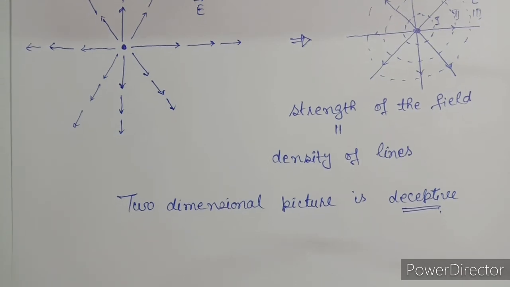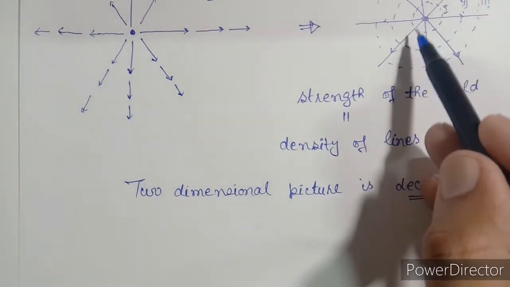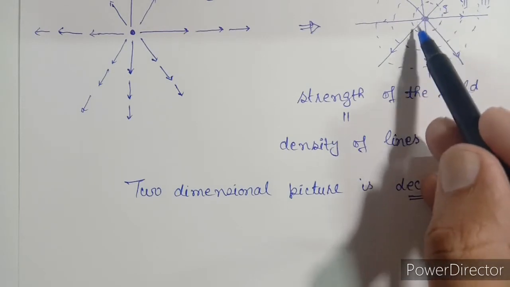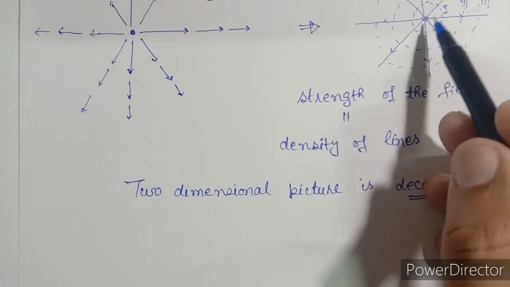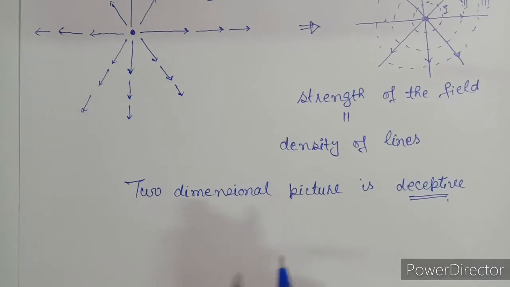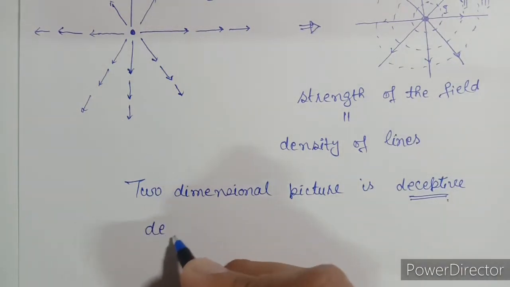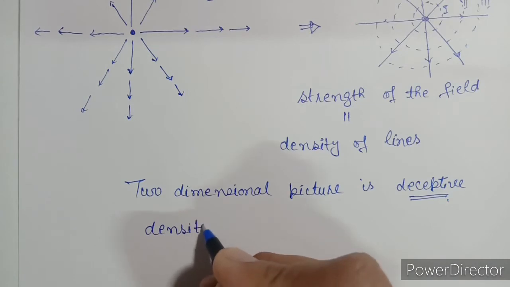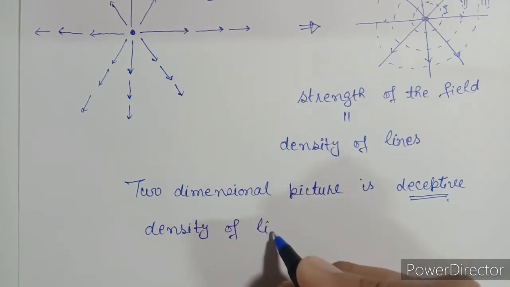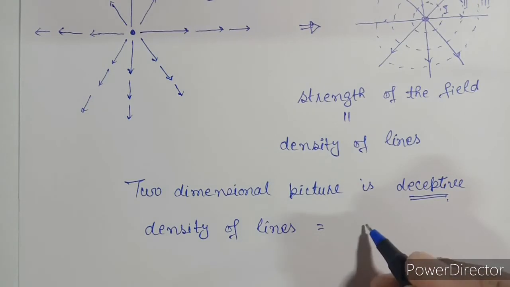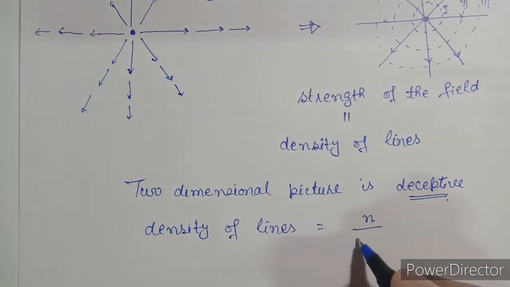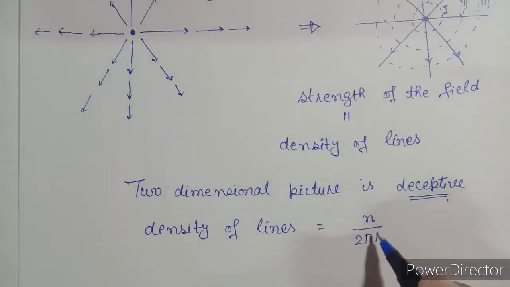Because here we have a two-dimensional picture, so we have a circle, and in the case of a circle we have a circumference. That is, in this case the density of lines is equal to the number of lines per circumference, that is 2 pi r. So here we have r, but in our actual expression we have r square.